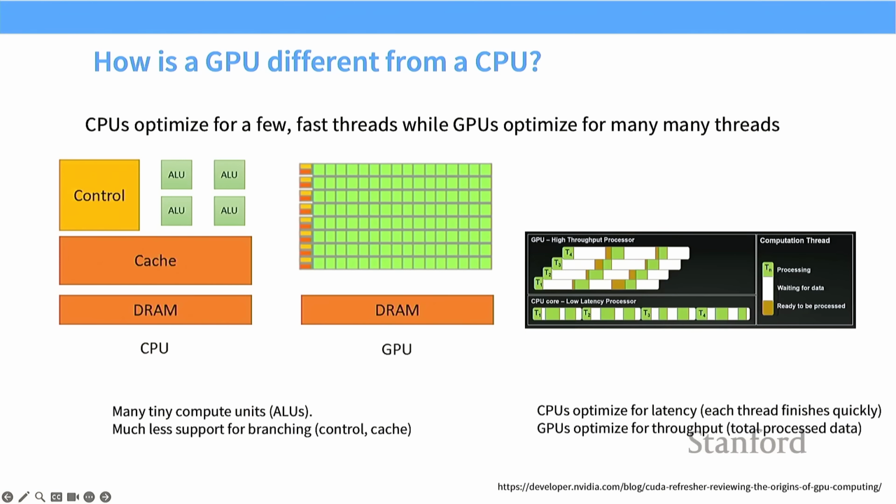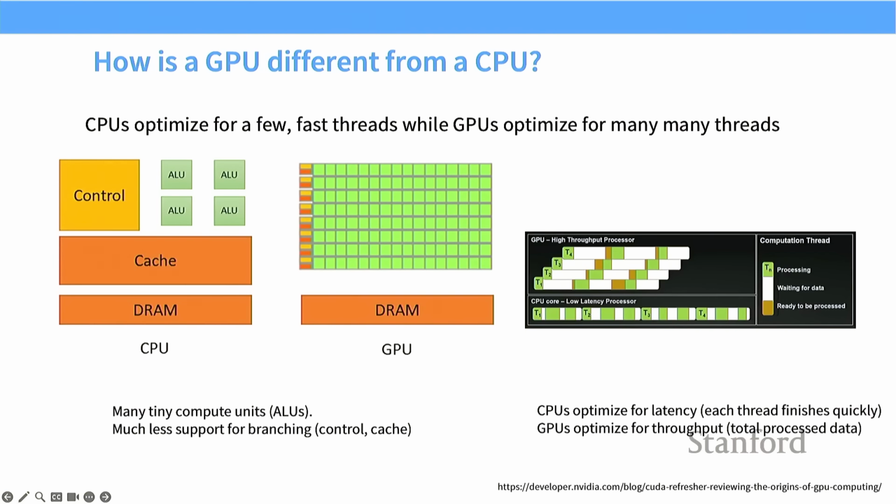You need to run these things very quickly, because you have a lot of branching and a lot of conditional control logic, right? So the CPU, in this abstracted diagram, is going to dedicate a lot of its chip towards large control and branch prediction, and it's going to run these very quickly because it doesn't have that many threads. There are CPUs with lots and lots of cores now, but compared to a GPU, it's almost nothing.